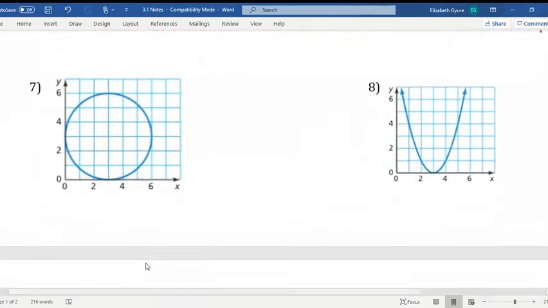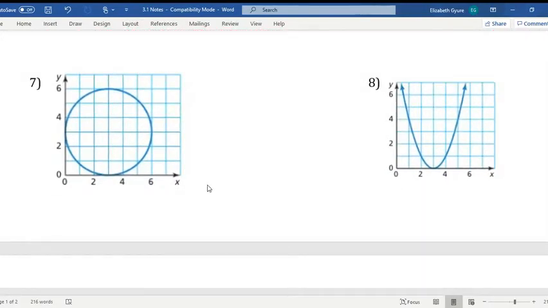All right, number 7. Jaden already gave us this one. So this is a little different. This one we don't have points, or a T-chart or anything like that. We have a picture. And if you look up at the top of your notes, what can we use if we have a picture? What little visual test can we do? Jake? The vertical line test.